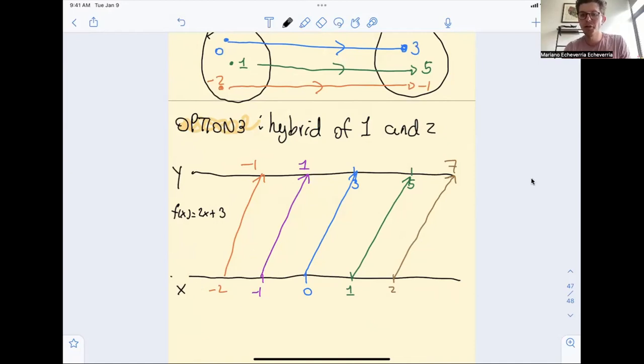And now, here's a cool thing. This is why it's sometimes useful to draw it this way, because what's the spacing between the points that I chose? By what amount are they all being spaced here?